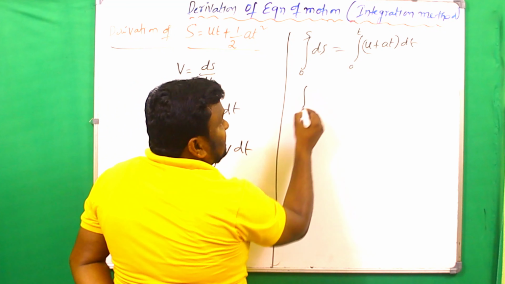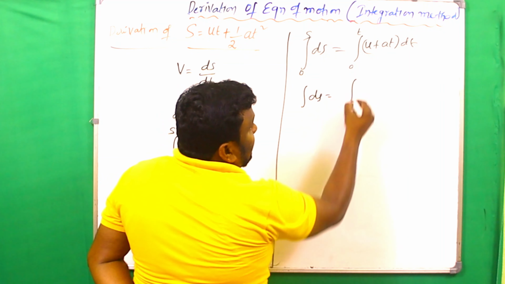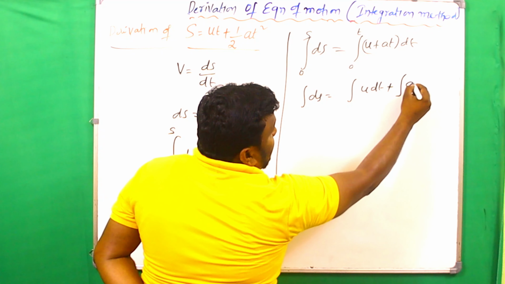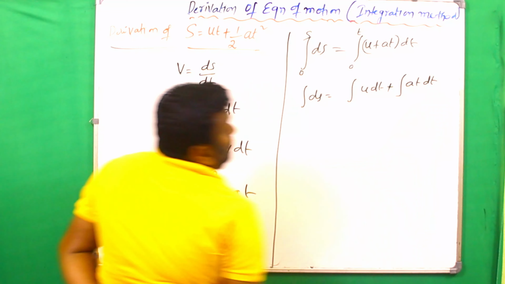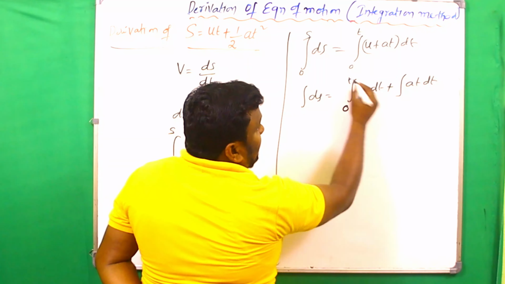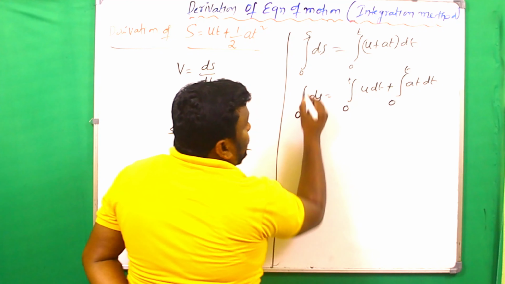Then you have to write like this: ds is equal to integral u dt plus integral at dt. We have to apply the integration separately, 0 to t, and it is 0 to t here and 0 to s.